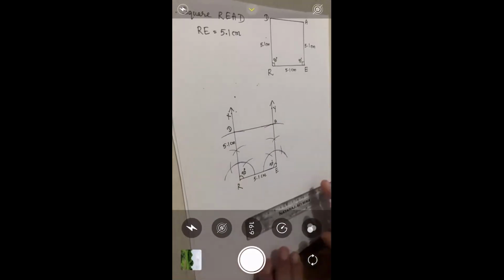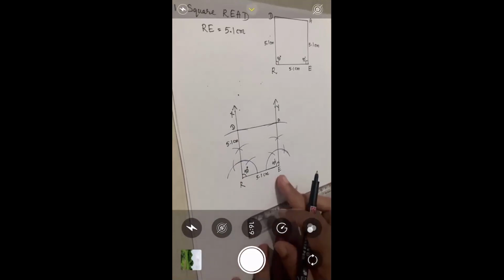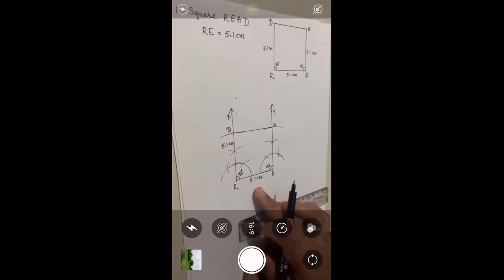I am saying the steps. What are the steps? First step, draw line segment RE of length 5.1 centimeter.